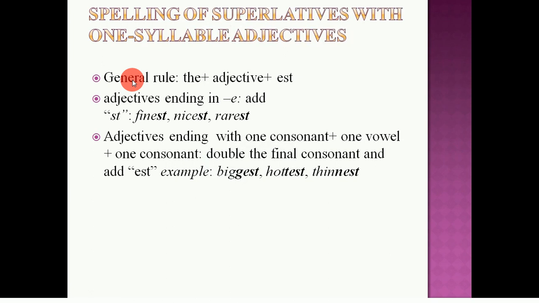There are some changes in the spelling. كاينه بعض التغييرات في التهجئة كي نطبقوا the rule تاع superlative form. كاينه حوايج راح تتبدل.